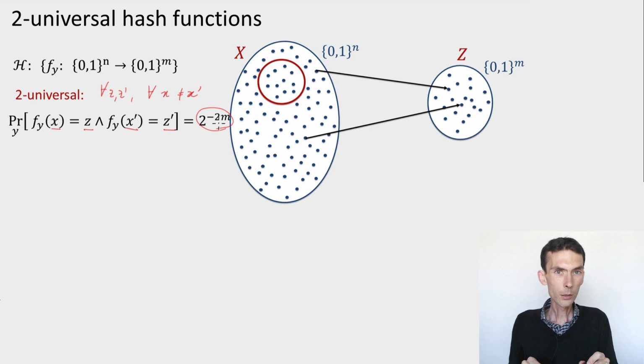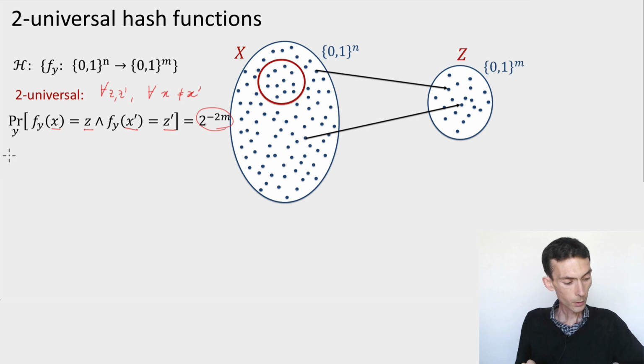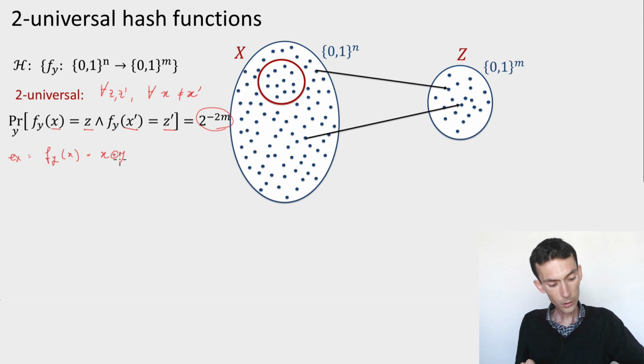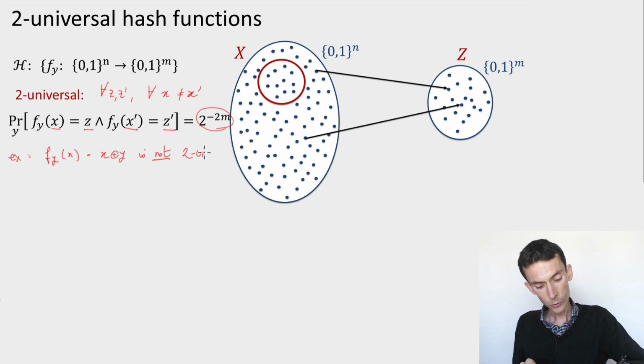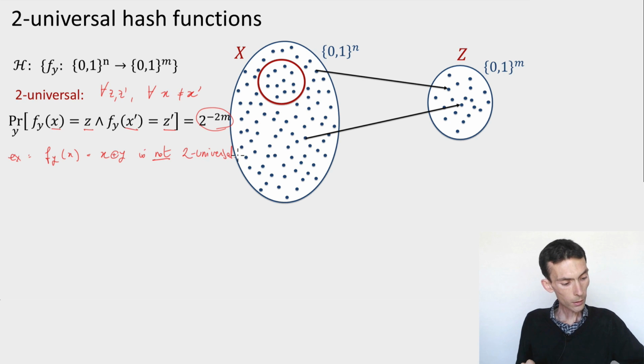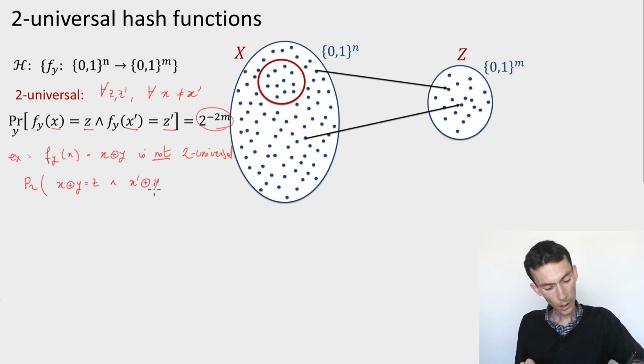Let's see why the family that I introduced in the previous slide was not two universal. So for example, if I take f_y of x to be the parity of x and y, as before, this is not two universal. Why? Well, the probability that f_y of x equals z, so that's the probability that x plus y equals z, and x prime plus y equals z prime, this is what?